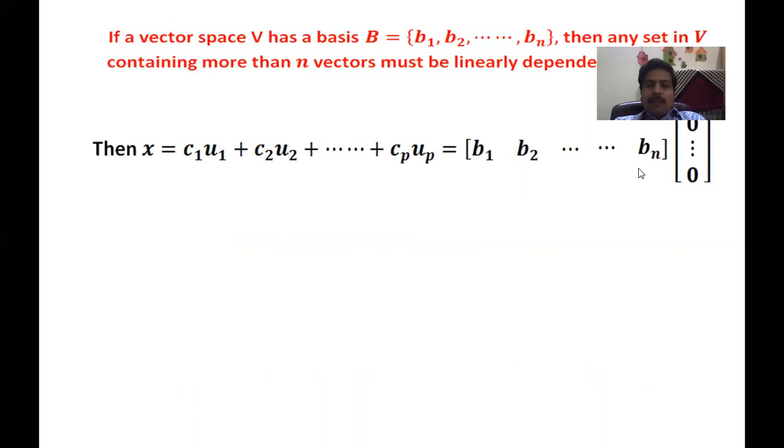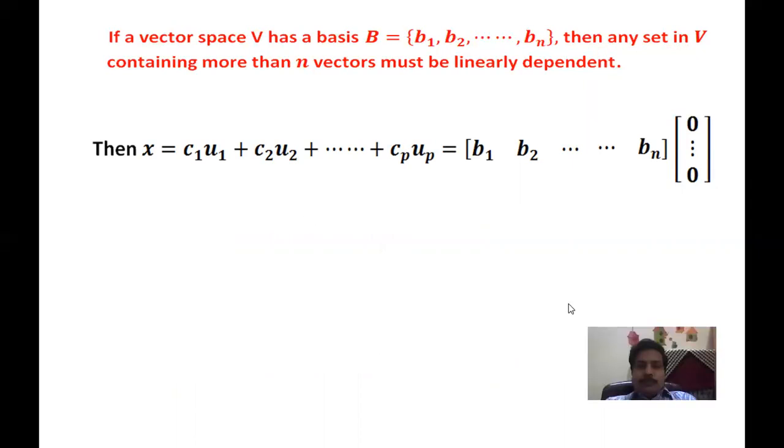Then x is equal to C1 U1 plus C2 U2 and so on Cp Up. Actually this vector is denoted by x, that is equal to, this is PB and this is XP.